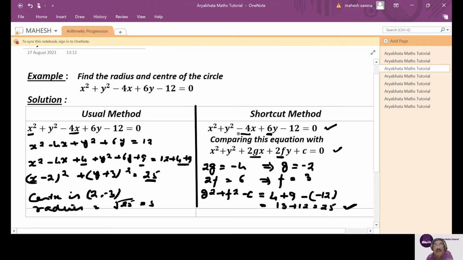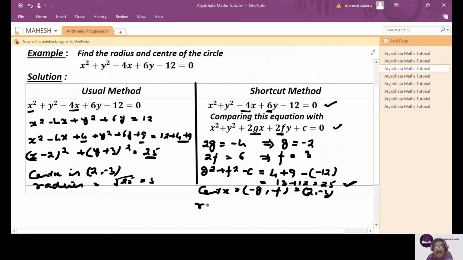Therefore, this represents a circle whose center is minus g, minus f, that is 2 comma minus 3. And radius is under root g square plus f square minus c, that is under root 25, that is equal to 5. Therefore, this represents a circle whose center is 2 comma minus 3 and radius is 5.